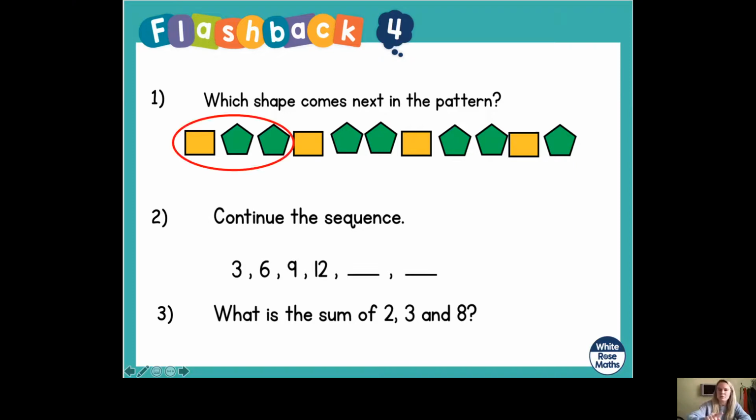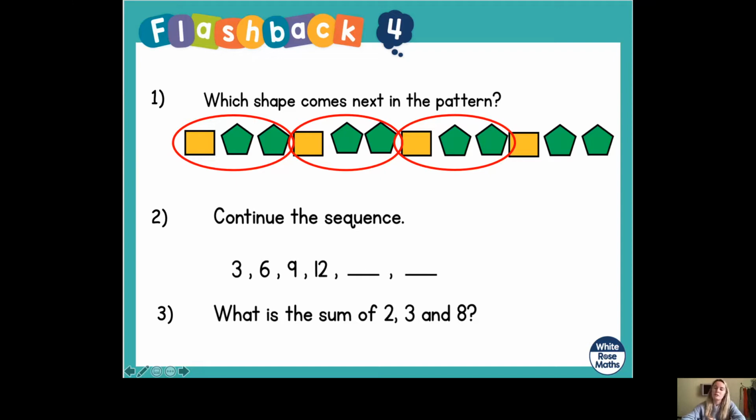So this is our pattern here, isn't it? We've got rectangle, pentagon, pentagon, and then it repeats: rectangle, pentagon, pentagon, rectangle, pentagon, pentagon, and then we've got rectangle, pentagon. What normally comes after the first pentagon? Oh yes, that's right, it's another green pentagon.